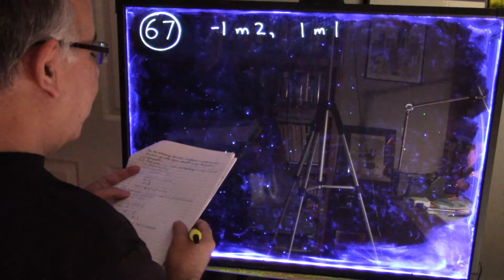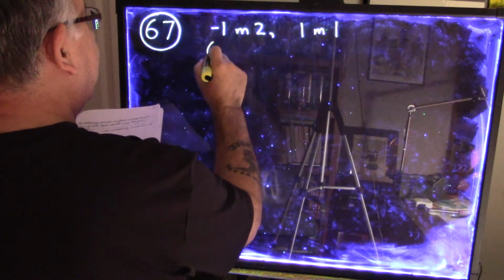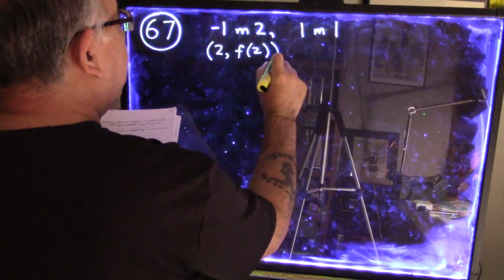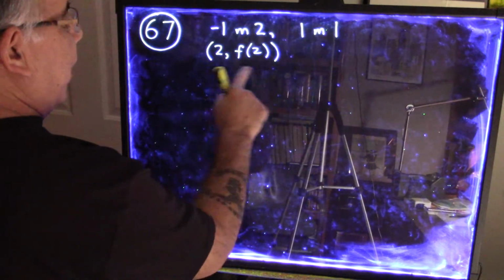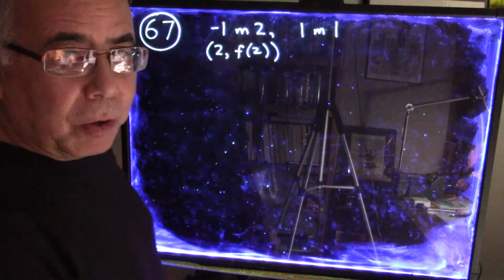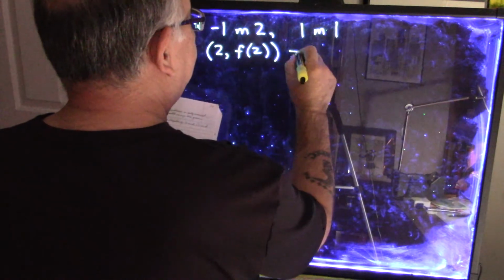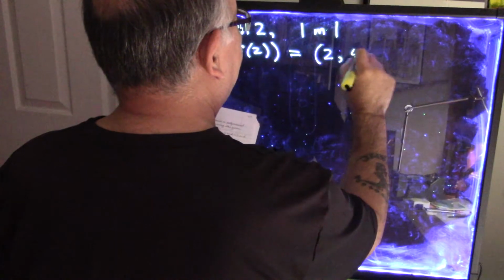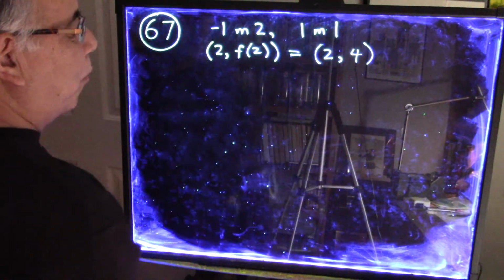Also, they say that f of 2, in other words, you look at this as a coordinate pair. Alright, so x is 2, y equals f of 2. They're going to tell you what f of 2 is. That's 4. f of 2 is 4. So we have a coordinate on this graph of (2, 4).